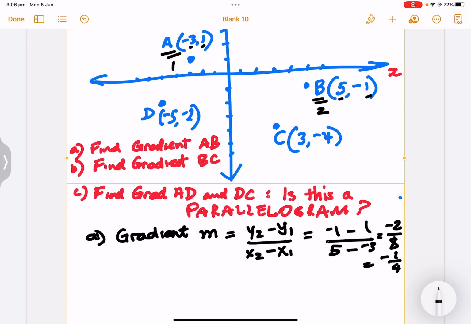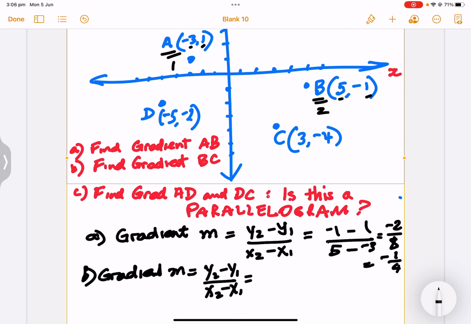All right, part B, the gradient M of BC. I'm going to use the same rule every time so we don't get confused.